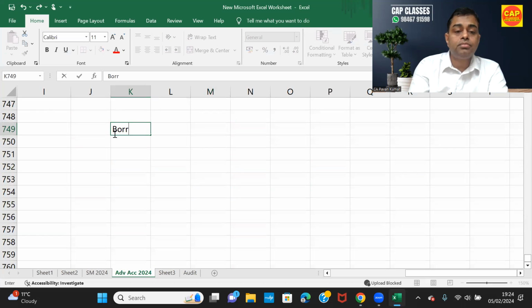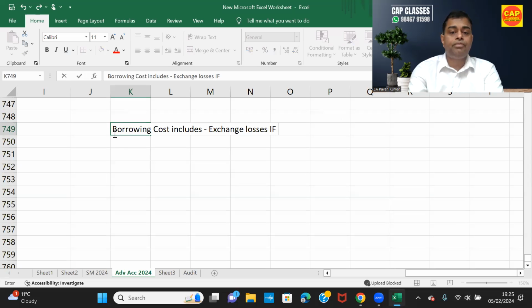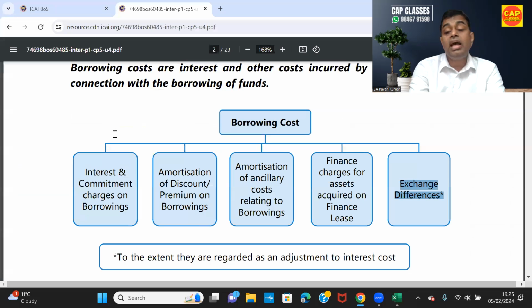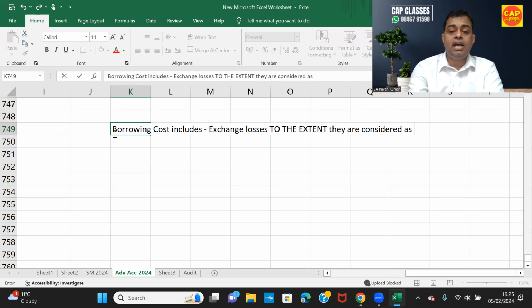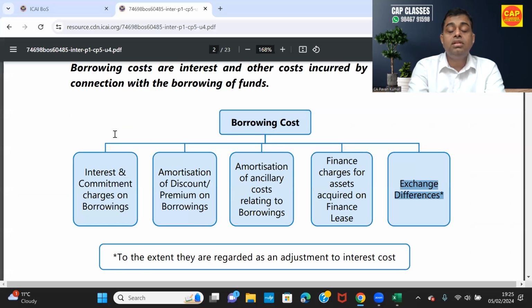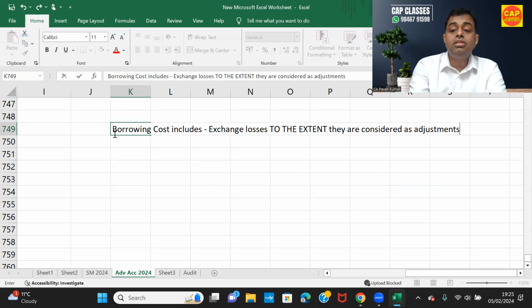Borrowing cost includes exchange losses if, or to the extent, they are considered as adjustments to interest cost.